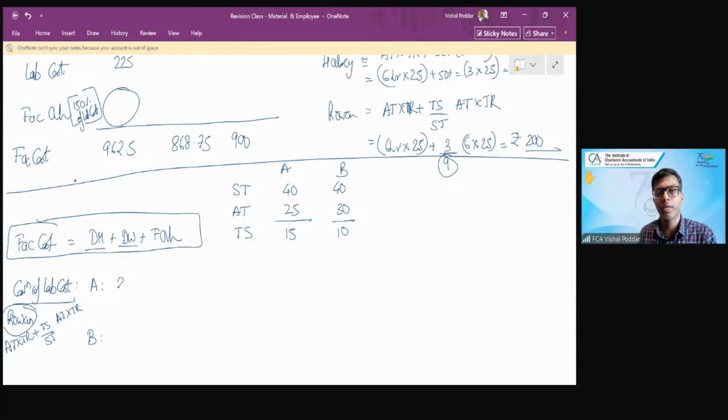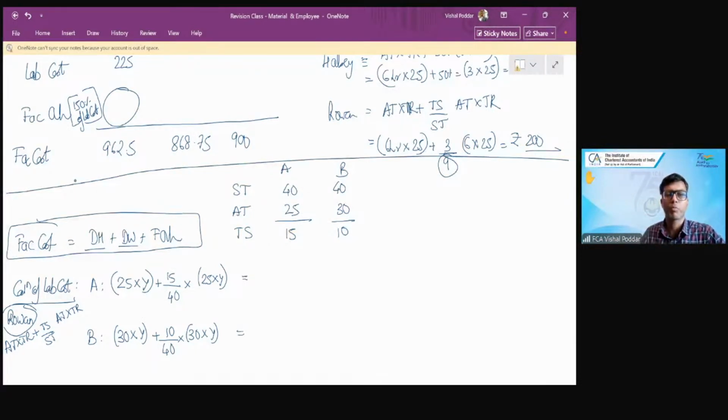For A it is actual time 25 into time rate Y, plus 15 upon 40 into 25 into Y. Similarly for B, actual time is 30 into time rate Y, plus 10 upon 40 into 30 into Y. Done. So tell me, what will be your labor cost for both?